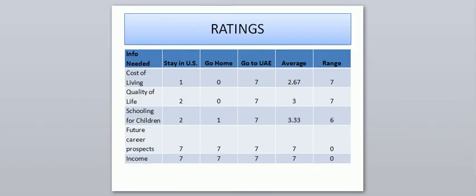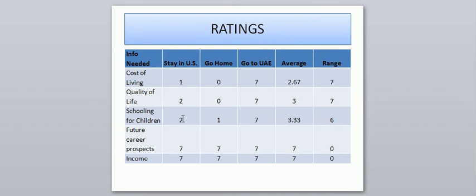In the following table, we can see the data analysis, or the ratings. The categories are ranked in terms of priority needs for information collection as pertains to each decision, upon which both the average and the range of the ranks were calculated. For example, information need about cost of living in the US is ranked at 1, quality of life is ranked at 2, schooling is ranked at 2.